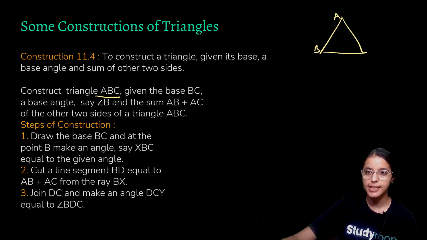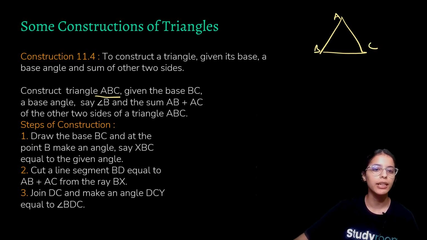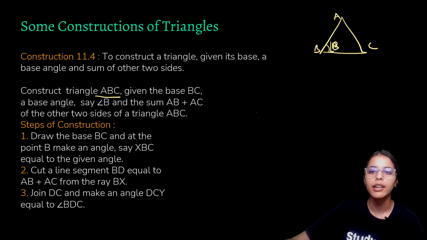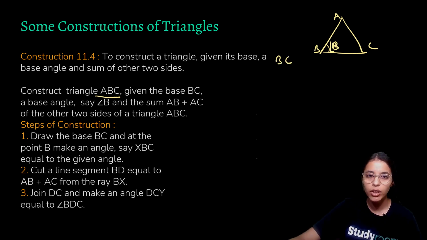So ABC is given. Now we have been given angle B, which is here. And we are given the sum of two sides. First of all, we are given our base BC, the length of which is given.